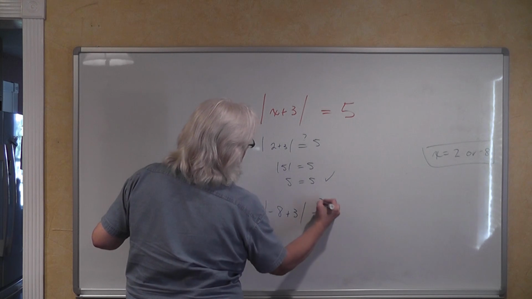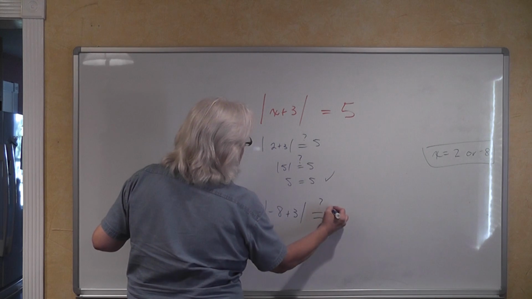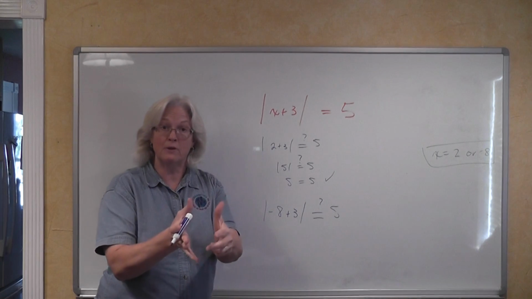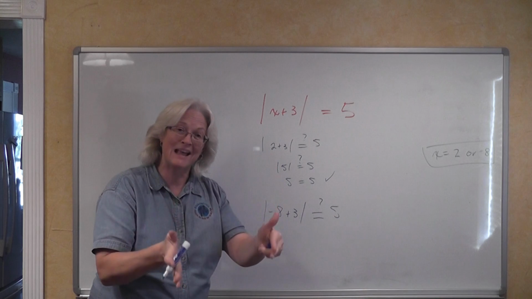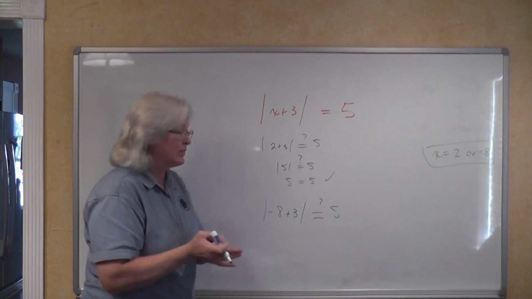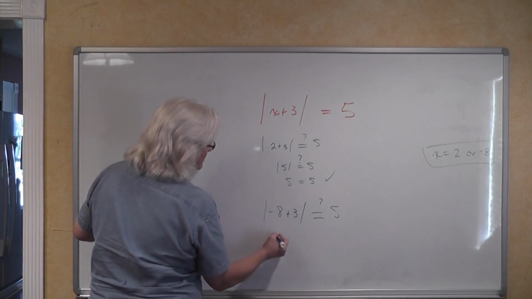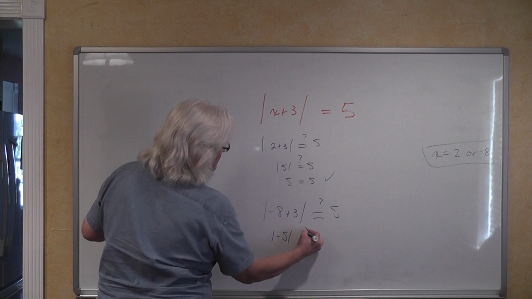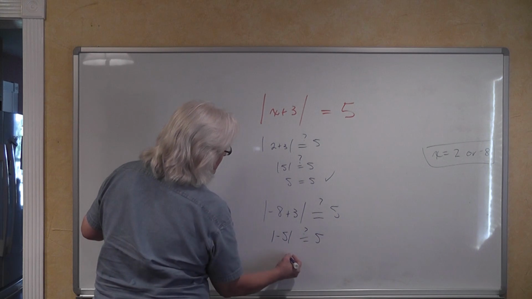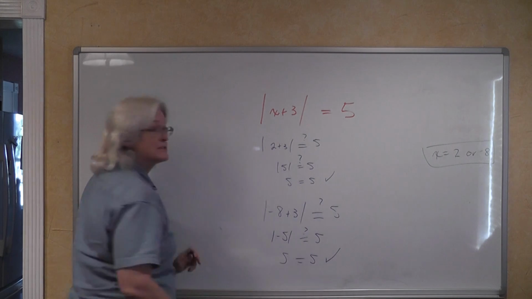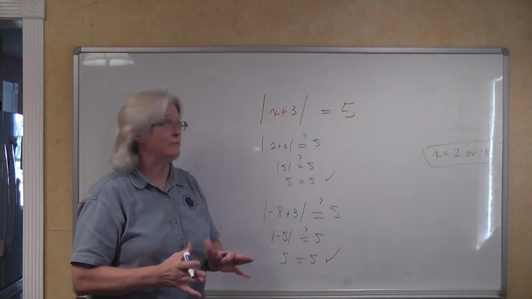Is that equal to +5? Remember that absolute value bars work exactly the same way as symbols of inclusion, so I have to add within those absolute value bars first. Absolute value of -5. Is that equal to +5? And yes, 5 is in fact equal to 5.